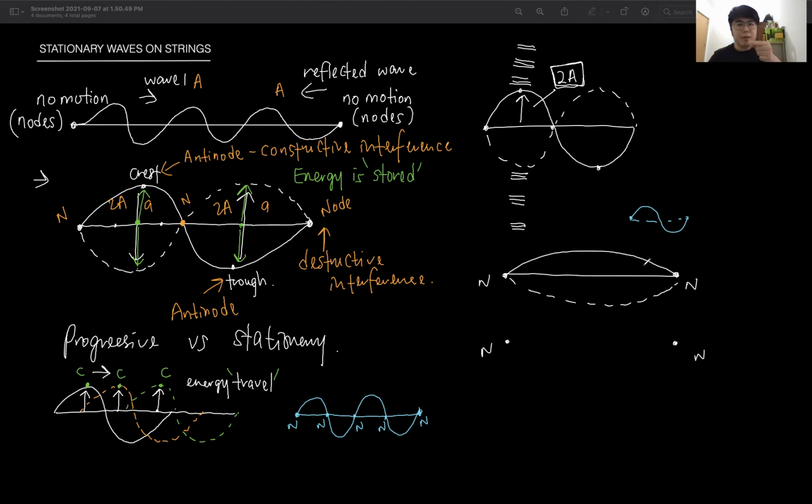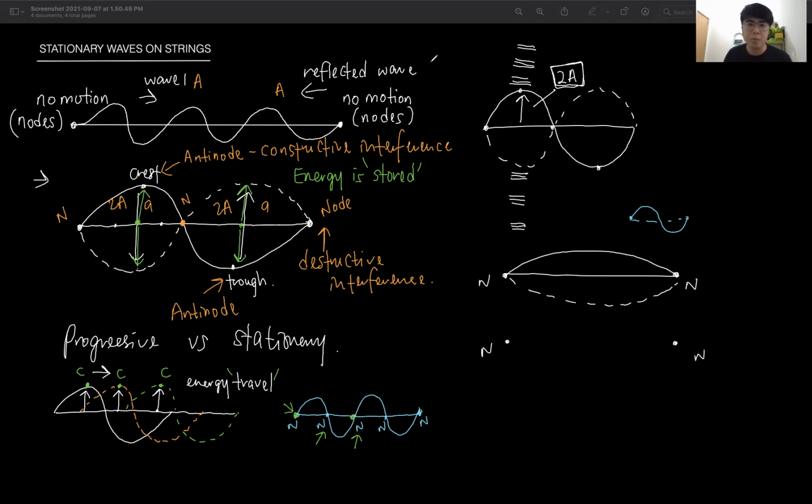All right, then you ask yourself, what is the next one? How many waves can I fit between these two, which is more than half a wave? You look at this diagram, this node and this node, and you go to the next node, this one. So between the first node and this node, how many waves are there?